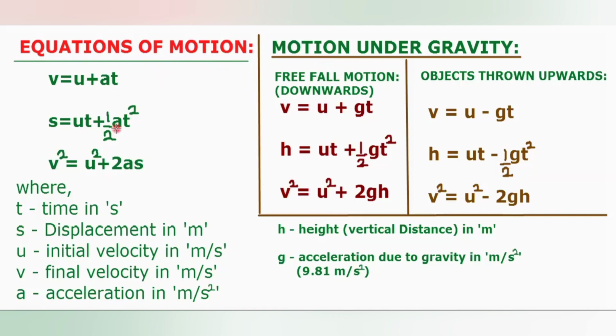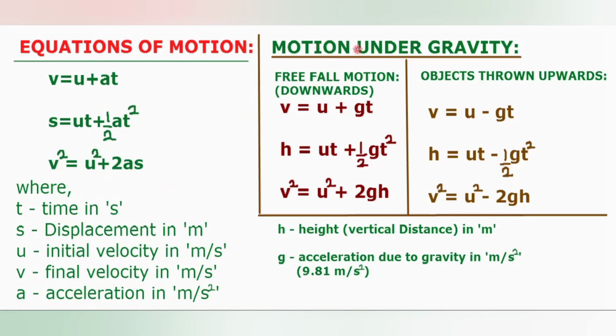In the numericals related to motion in a straight line, we will use these three equations of motion: v equals u plus at, s equals ut plus half at square, v square equals u square plus 2as, where t is the time in seconds, s is the displacement in meters, u is the initial velocity in meters per second, v is the final velocity in meters per second, and a is the acceleration in meter per second square.